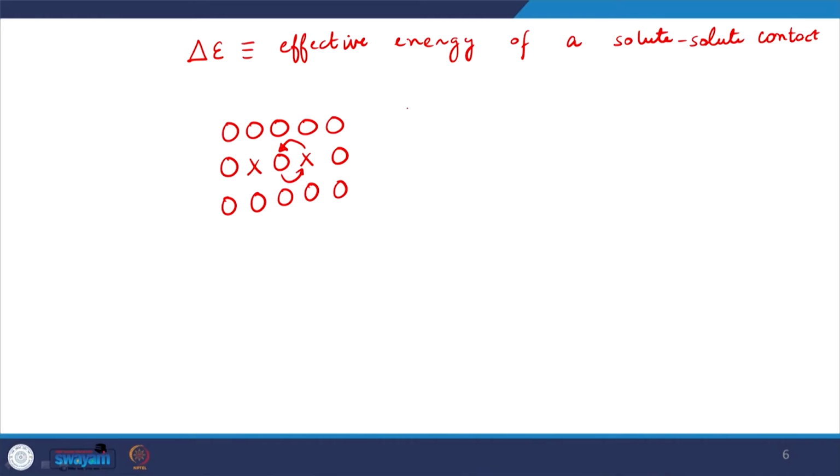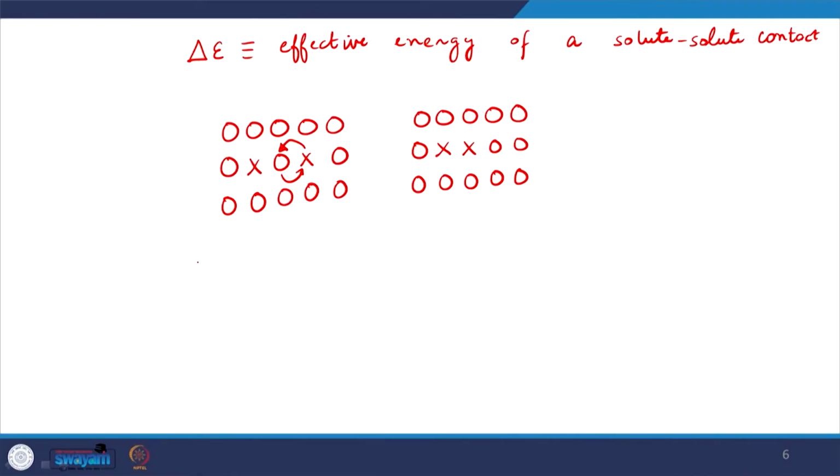So, the new configuration then would be, so we have formed a new solute contact, but while doing that something else also happened. The number of the solute-solvent contacts and the number of solvent contacts also changed while doing that, right.